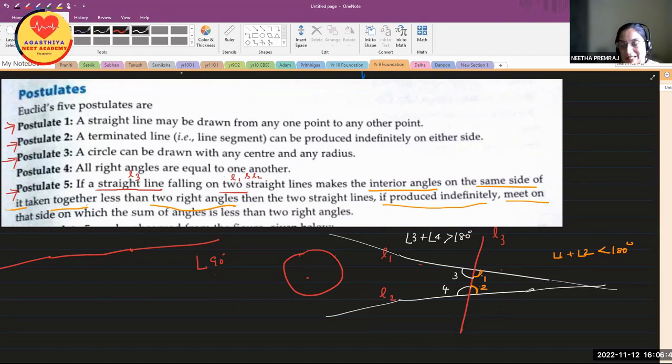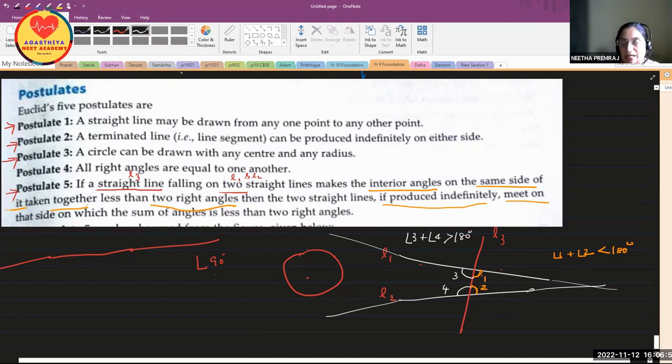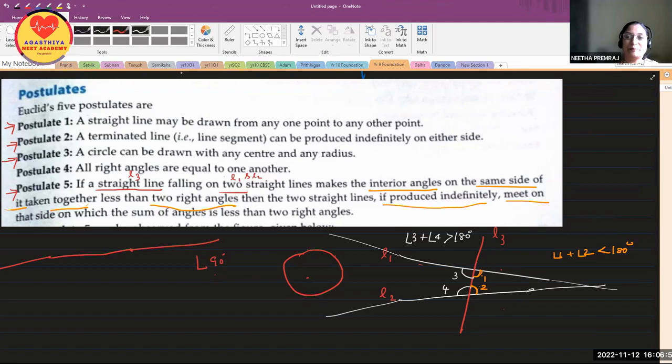If it is less than 180 degrees, they are converging and they meet at a point. Okay. If they are equal to 180 degrees, ma'am, it constantly moves. Exactly. You can say the lines are parallel.